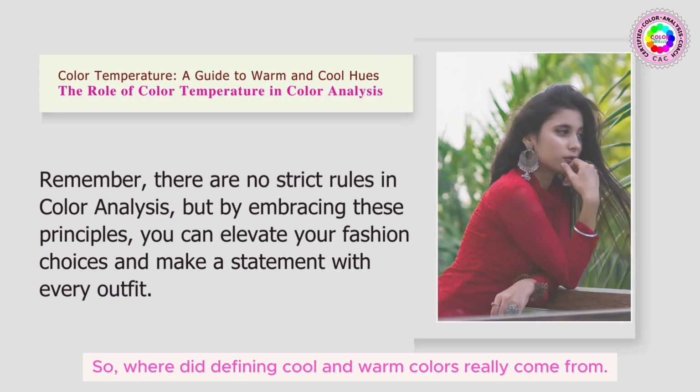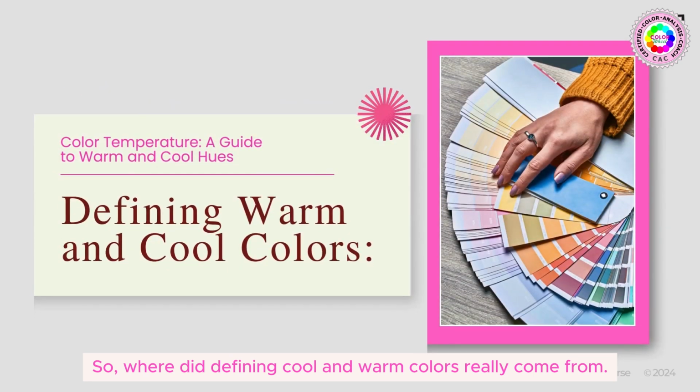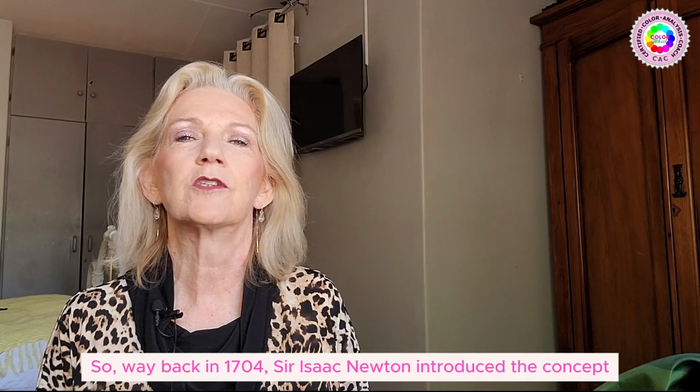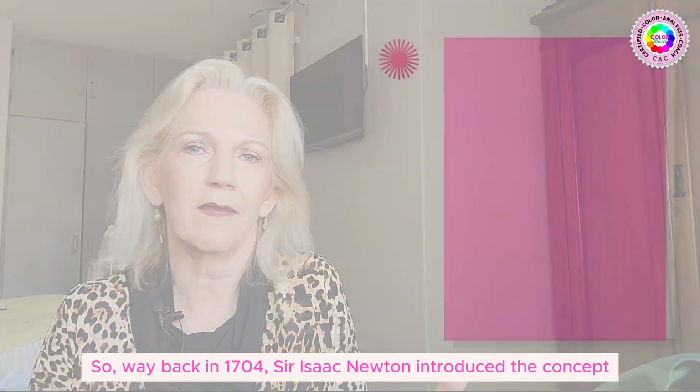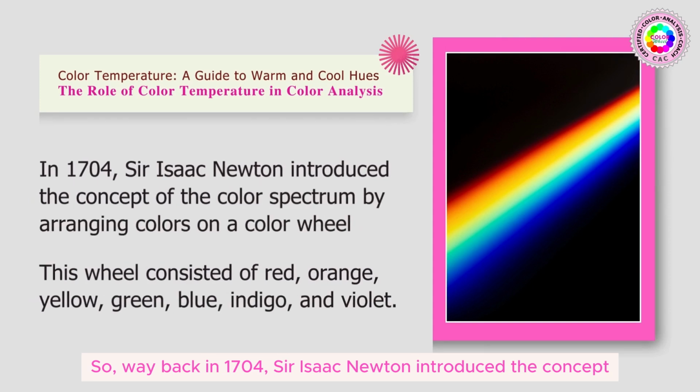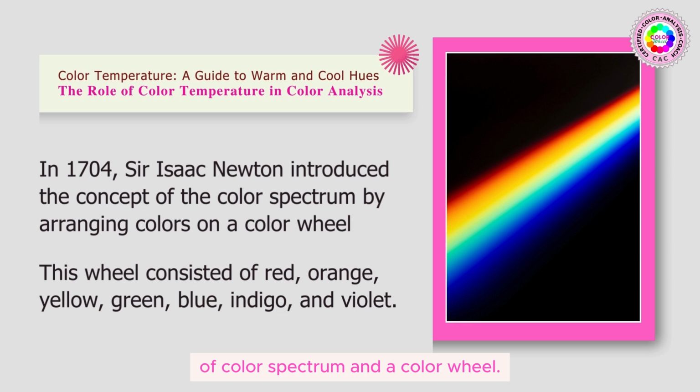So where did defining cool and warm colors really come from? Sometimes clients want to know the history of this. So way back in 1704, Sir Isaac Newton introduced the concept of the color spectrum and a color wheel. The wheel, as you see, kind of consisted of red, orange, yellow, blue, green, indigo, and violet.